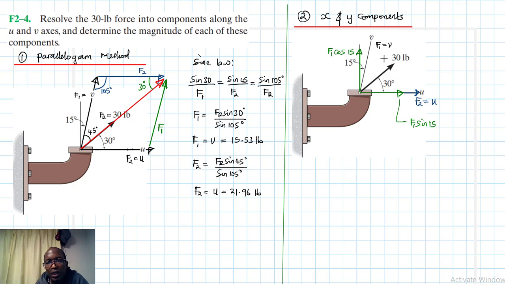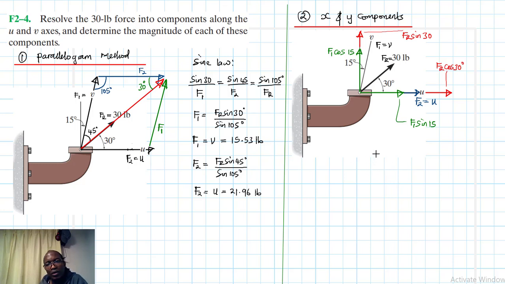And then this one here is the resultant, FR equal to 30. It will also have components, one component in this direction and one in that direction, like so. This is FR cos 30, and this one is FR sine 30. So we have all the components.